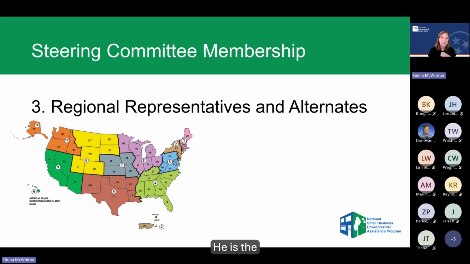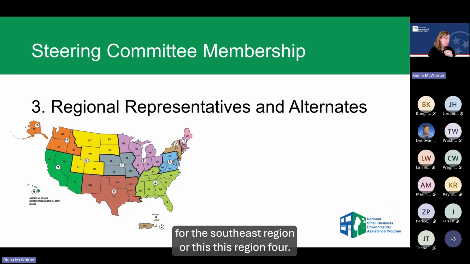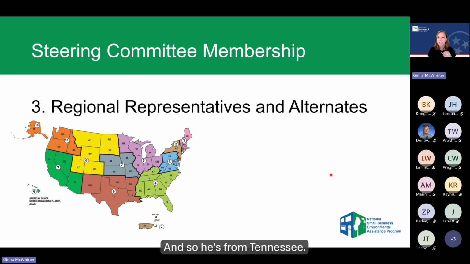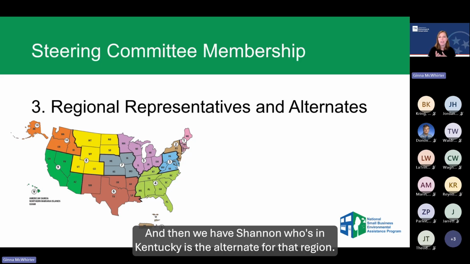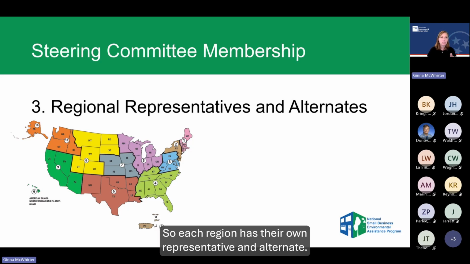He is the chair right now for the Southeast region, or Region 4. And so he's from Tennessee, and then we have Shannon, who's in Kentucky, is the alternate for that region. So each region has their own representative and alternate.